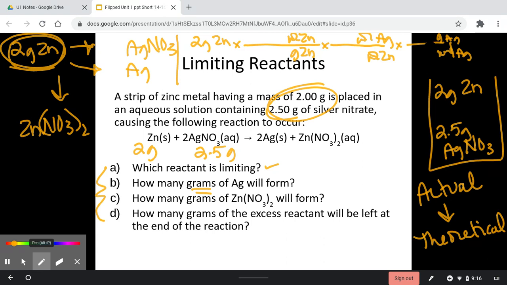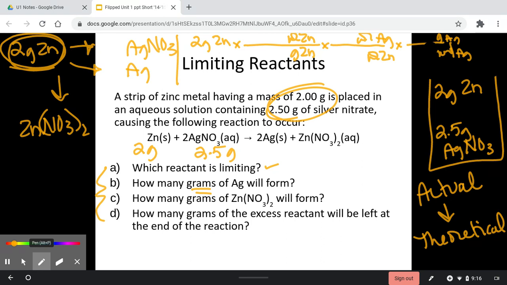So for example, in this calculation I have at the very top of the slide, I would be calculating the amount of silver that I could produce if all the zinc reacted. Right? It's a theoretical amount because I don't know if all my zinc is going to react or not. It might not. So I have an amount of product I can make if all my zinc reacts. Same thing with zinc nitrate. The answer that I get there is going to be the amount of zinc nitrate I can form, I can make, I can produce if all my zinc reacts, which that clause makes it theoretical.